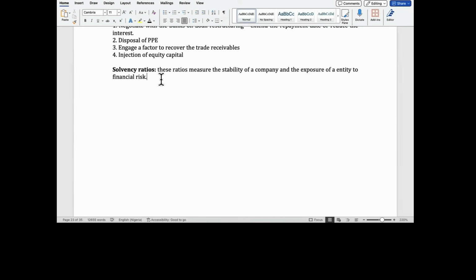Whenever a company borrows money, there's always going to be a financial risk, regardless of the performance or cash availability of the company, because at the end of the day, they will still have to pay it back to whoever lends it to them. So that's what I understand by financial risk.